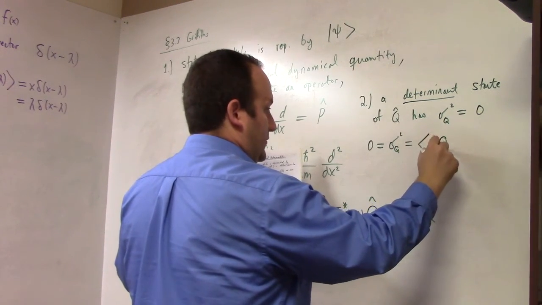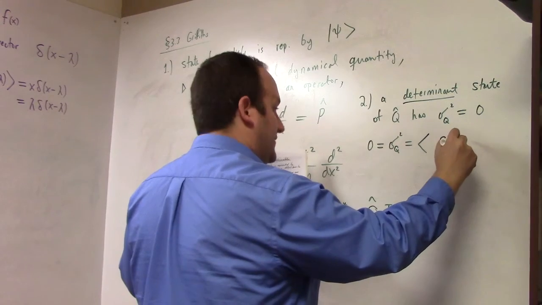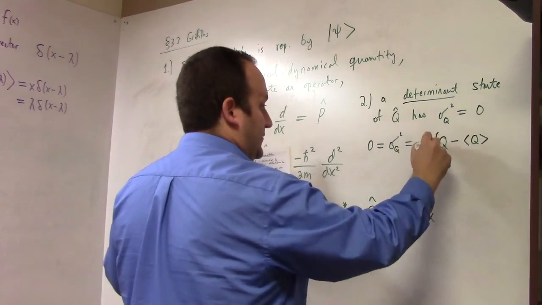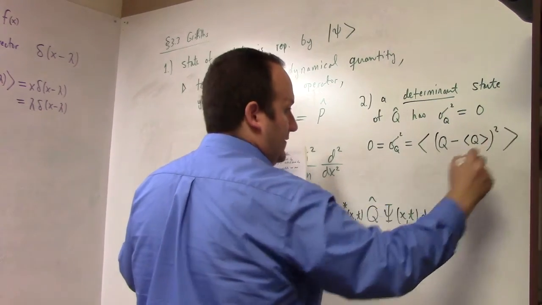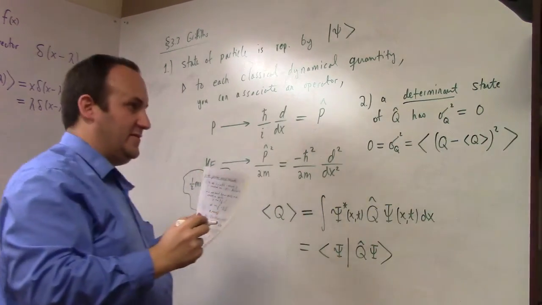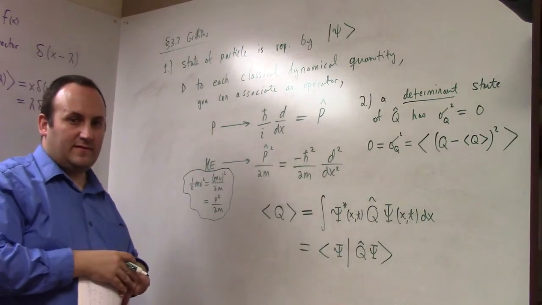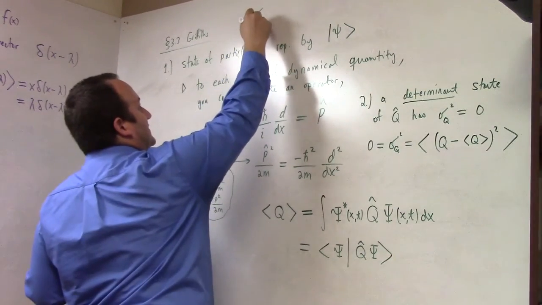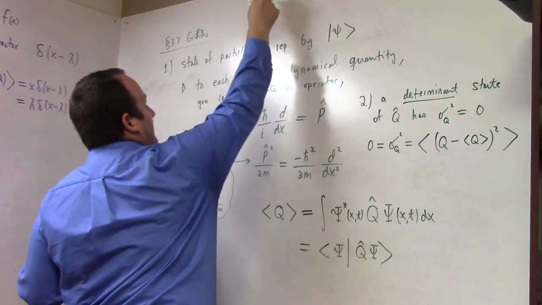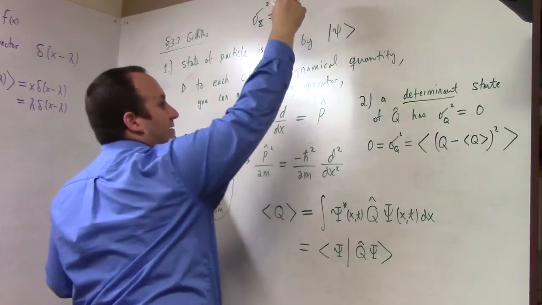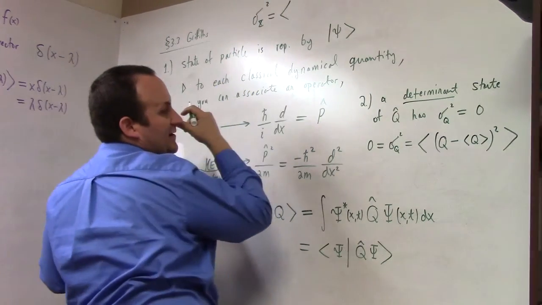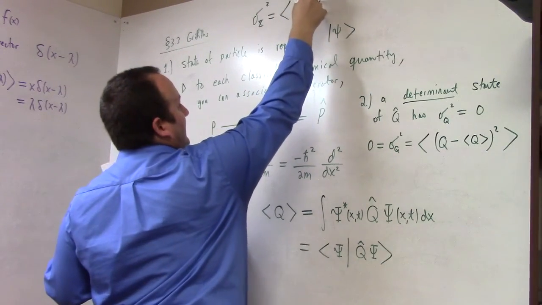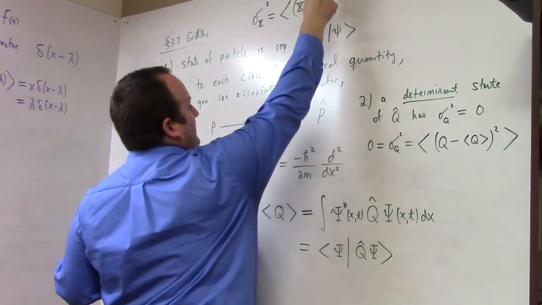It's the expectation value of Q minus the average of Q, quantity squared. Does that look at all familiar? Have you done statistics? Sigma x squared is something like the expectation of x minus the average of x, squared.